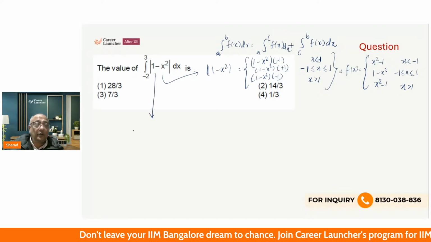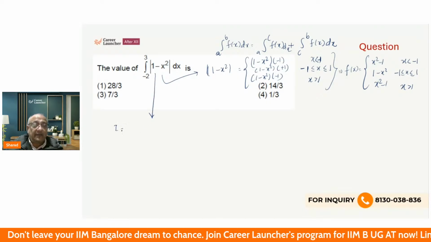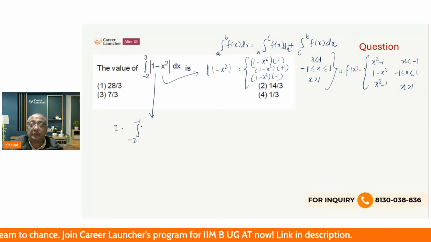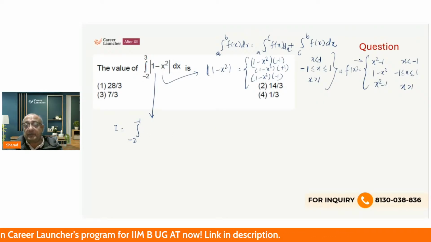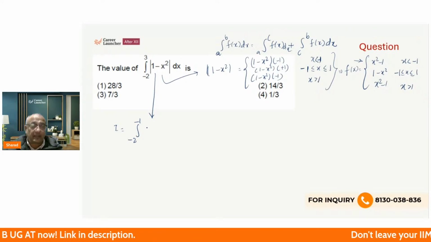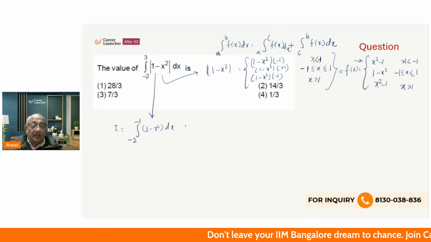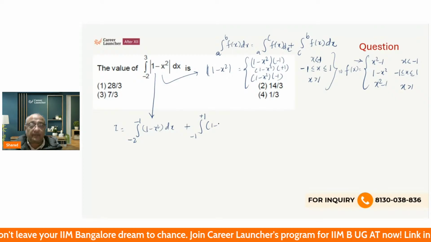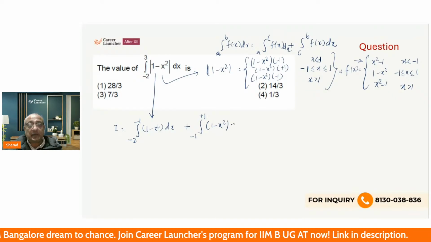Now, what do I do? This I will write in three pieces. Minus 2 to minus 1. Which portion is this? First one, where x is less than minus 1. So I will replace this mod by 1 minus x square dx. Wonderful. The second place is minus 1 to plus 1. What will we write here? 1 minus x square dx.